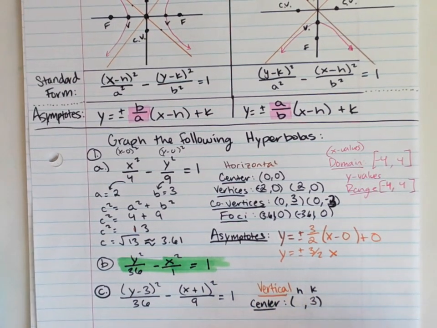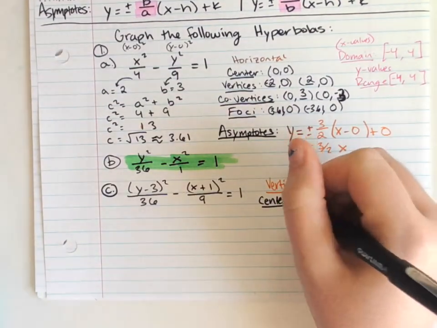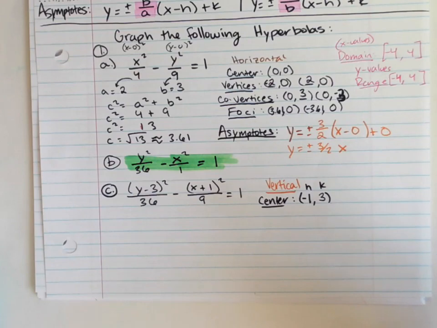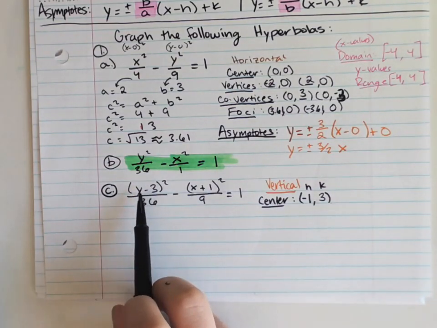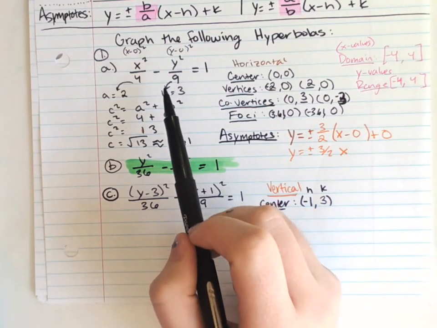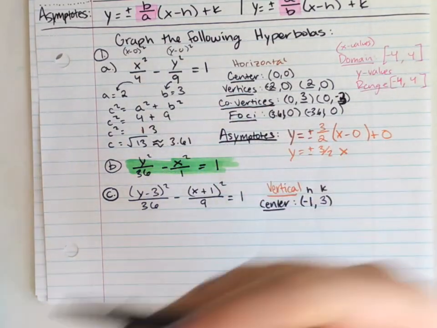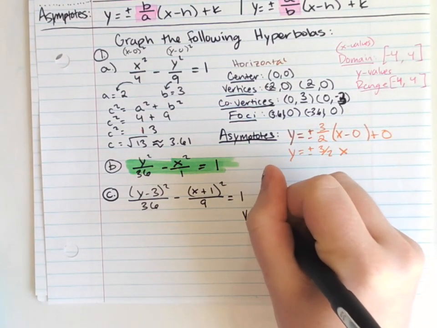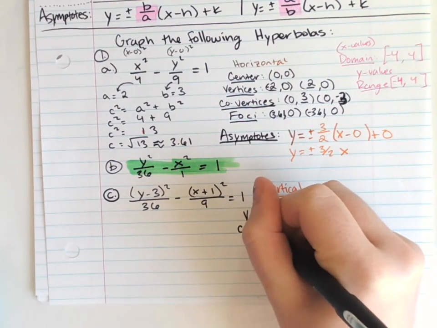That 3 is actually right here. And h is -1. So be careful. Since it's vertical, our k is listed first. When it was horizontal, this one doesn't really matter because it was 0, 0, but we'll see more of it later. Let's talk about our vertices and our co-vertices.